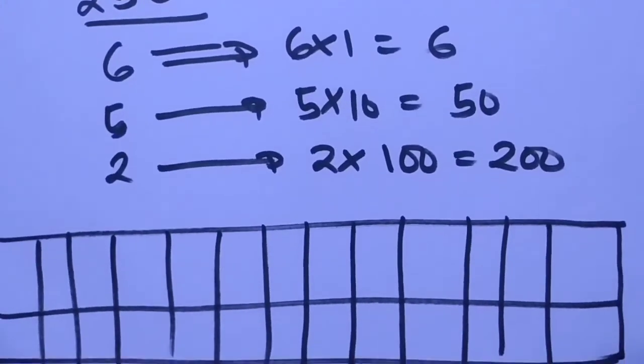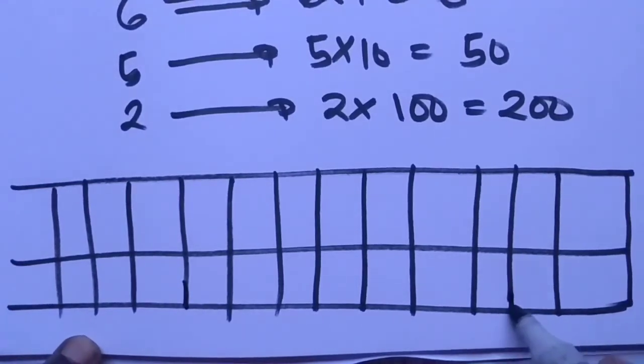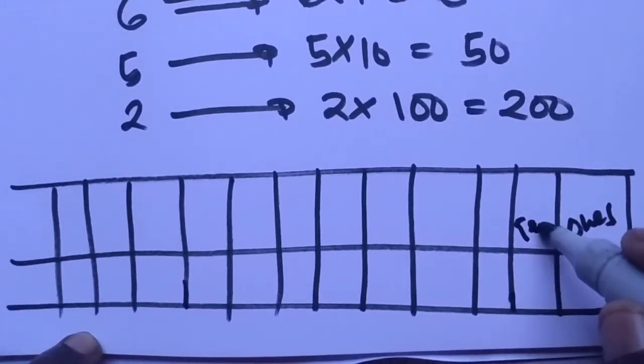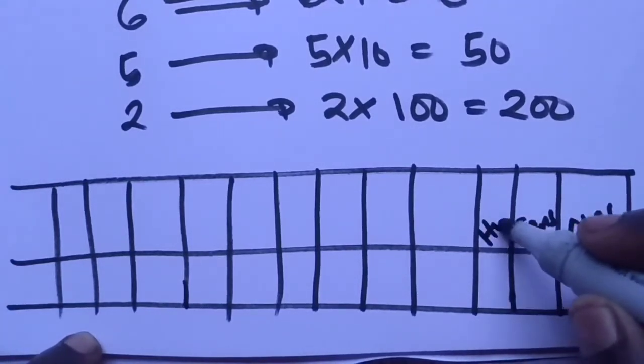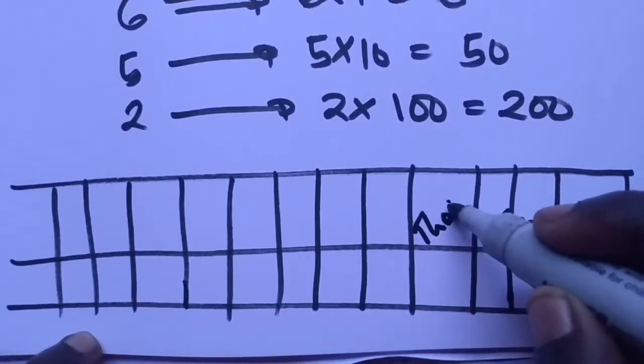So for any number given, inaweza ikawa ina place value mbalimbali. Tukianzia kulia tunaanza na ones, yani mamoja, tunafuata tens, yani makumi, tunafuata hundreds, yani mamia, tunafuata thousands, yani maelfu.